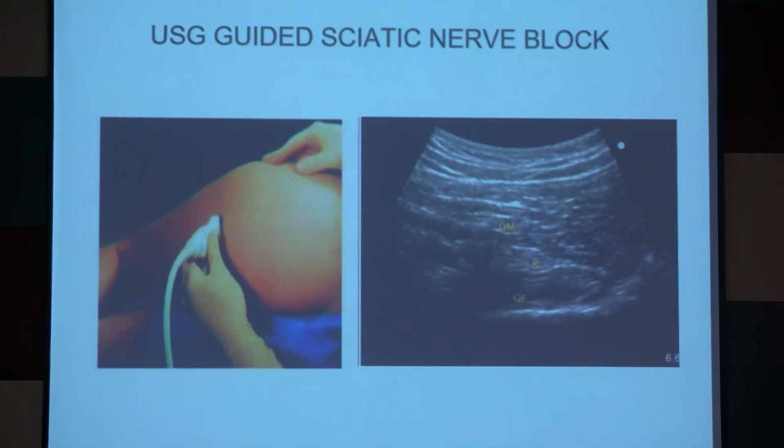It has to be blocked with an adequate amount of drug, with proper muscle twitches or proper visualization under ultrasound guidance. This block cannot be performed by landmark technique, and it lies very deep inside the muscle. It is always performed with a PNS guided technique or a USG guided technique under direct visualization.